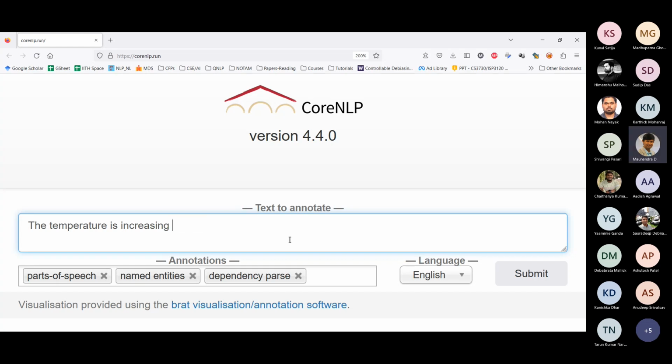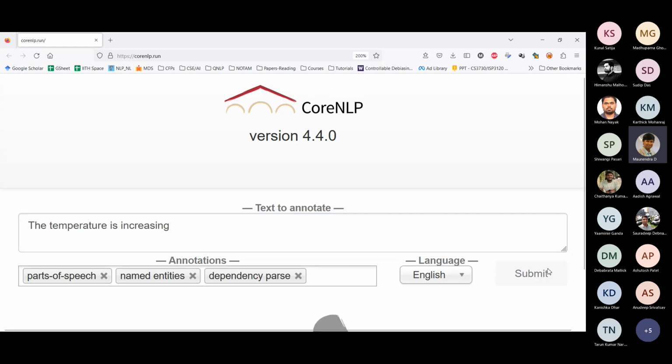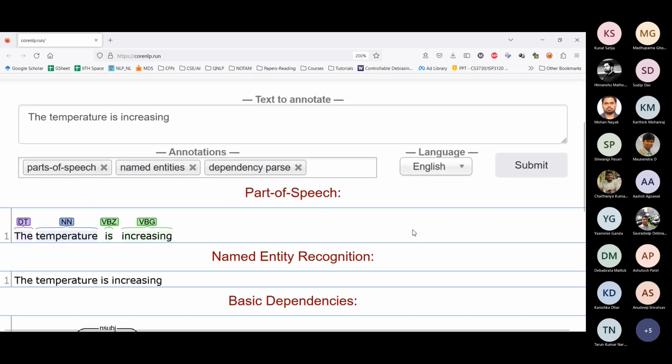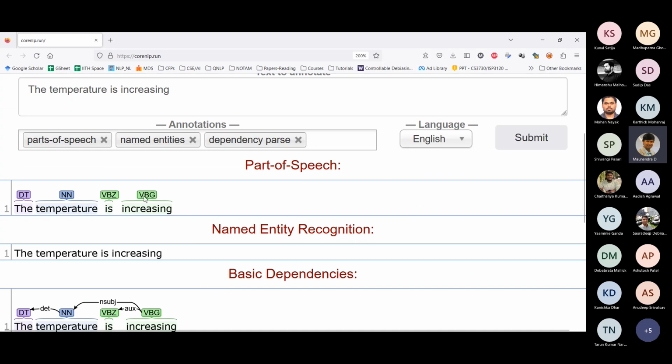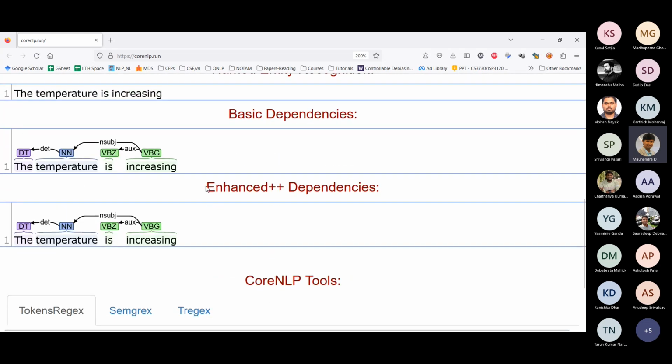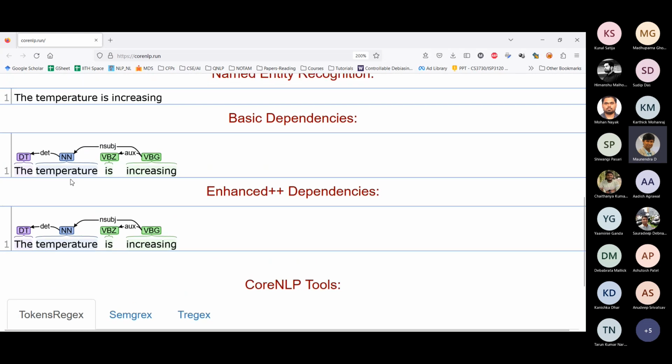So the temperature is increasing. Let us see. Well, this is simple. The parts of speech we can see. Named entity: there are no named entities. Dependencies, right? Is is a verb, and then what is increasing? The temperature is increasing, right?